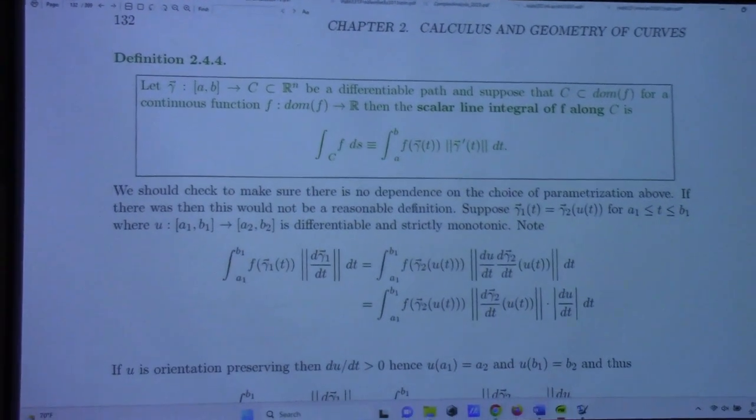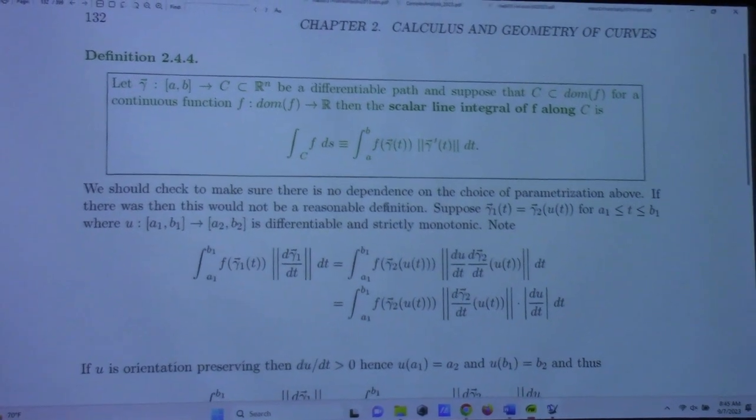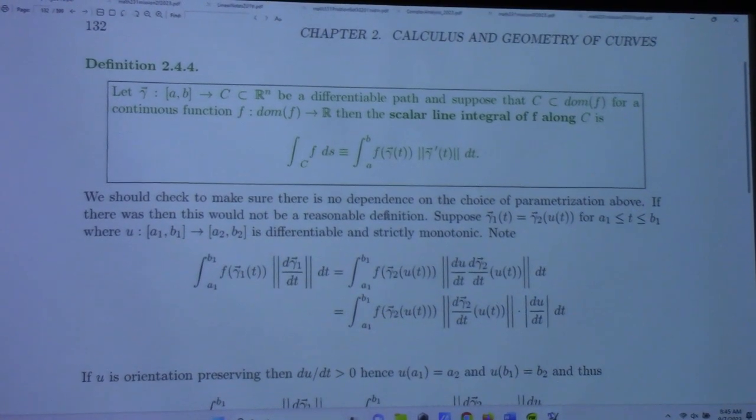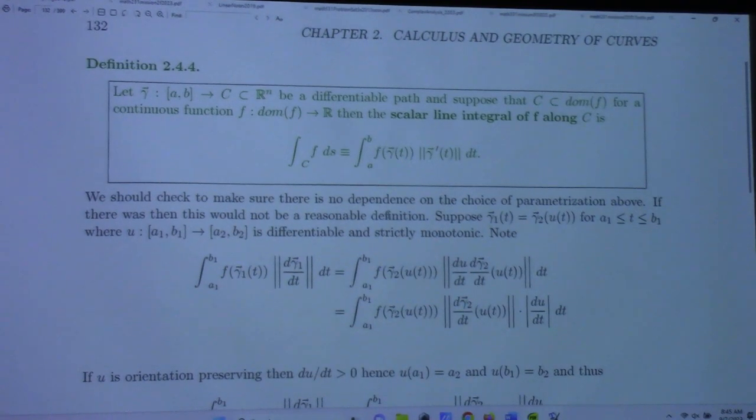So here's the proof that if we used a different parametrization, it doesn't change the integral. And actually, we learned something else here beyond just that. You might worry that if we used a parameterization which reversed the direction of the curve, well, just think about this intuitively.